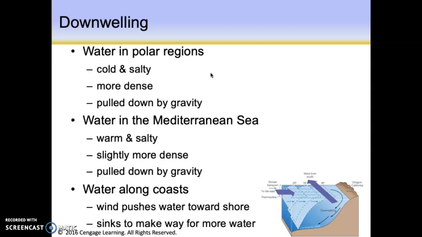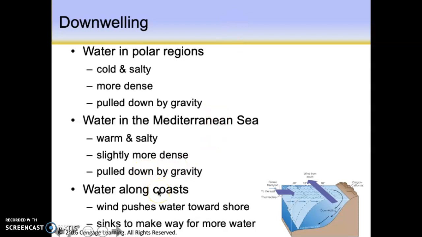That makes it slightly more dense than other seawater. And so as water leaves the Mediterranean Sea through the Straits of Gibraltar, it sinks a little bit. It doesn't go all the way to the bottom. It simply goes part way down, and we'll see on a side view of the ocean in a little bit exactly where it ends up. But it is also pulled down by gravity.